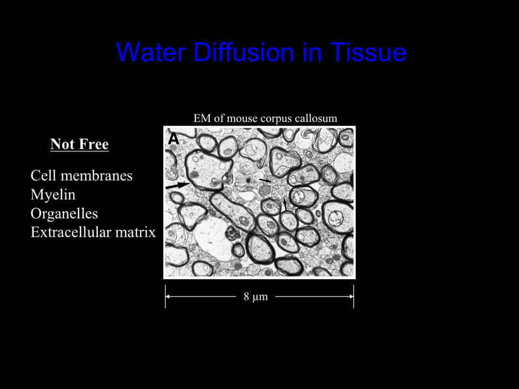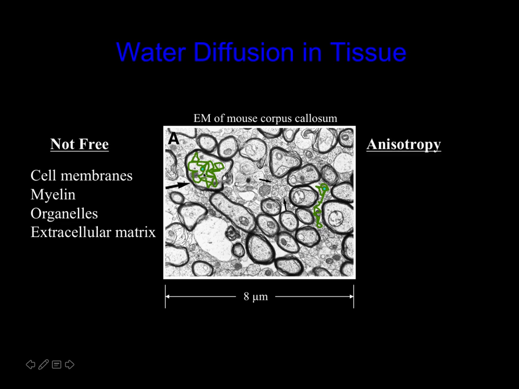So this shows that the water is not free diffusion in tissue, that it runs into cell membranes, it runs into myelin, the organelles within the cells, the extracellular matrix. And so the water molecules, there's some that are inside the axons and some that are out here in the extracellular matrix, and if you imagine being a water molecule within an axon, you'll more quickly run into the myelin sheath if you go in the perpendicular direction, in this direction, compared to along the axon.